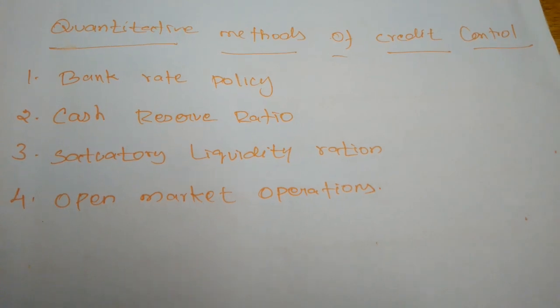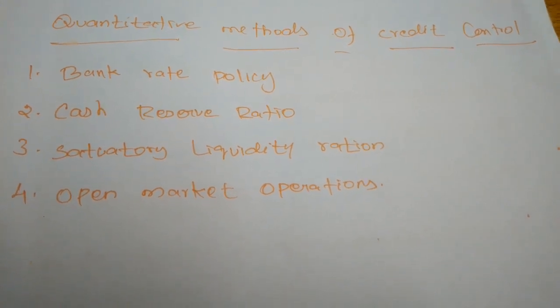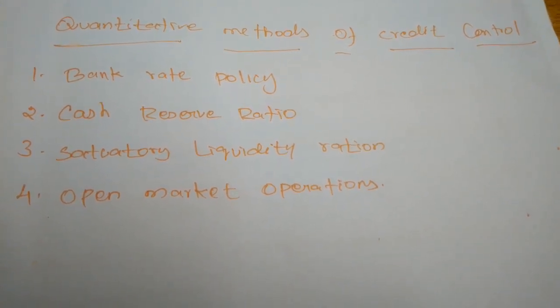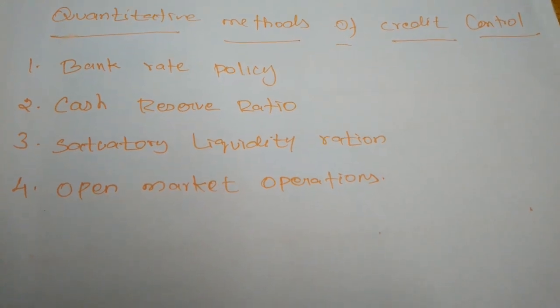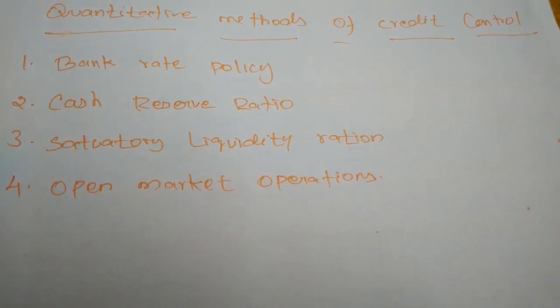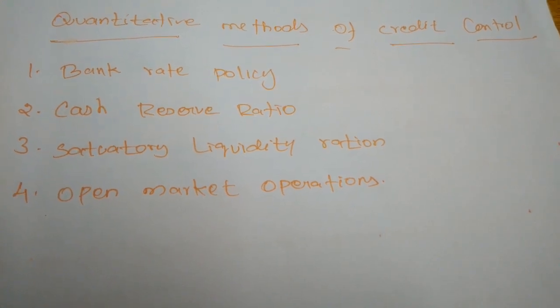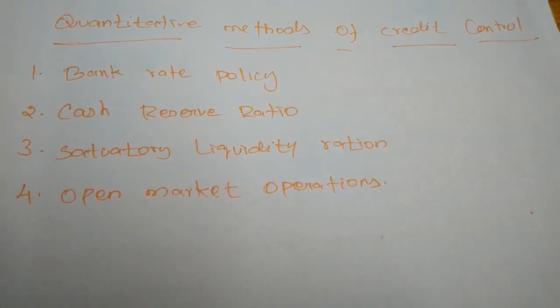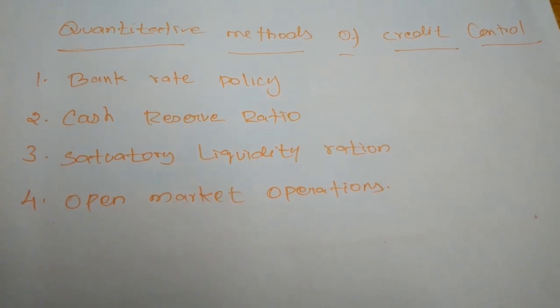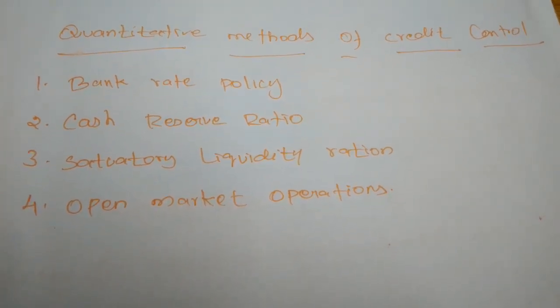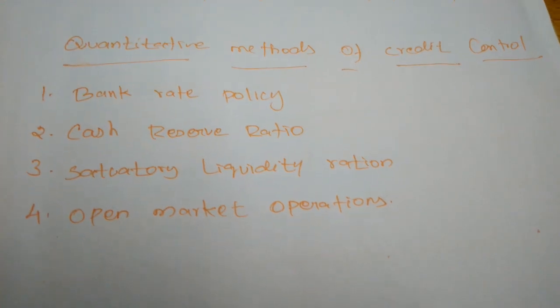When they are selling the securities, the money comes from the public to the government's hands. Conversely, in deflation time, it will be buying the debentures from the public, and the public will get some of the money.